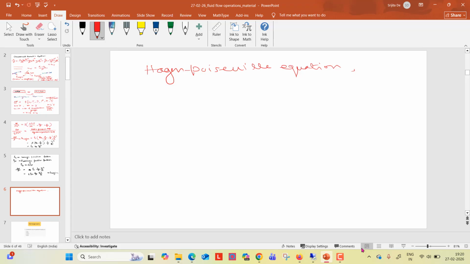The flow rate expression was like this: Q equals pi d to the power 4 delta P by 128 mu L. These things we have done in the earlier classes, how this Q, the flow rate, is coming. This is your mass flow rate.